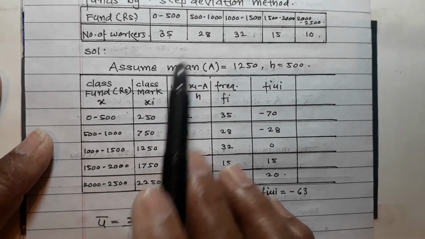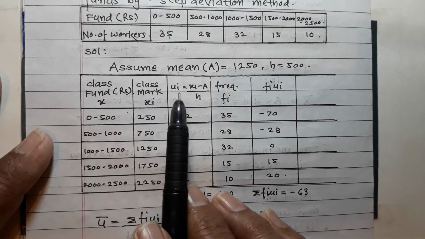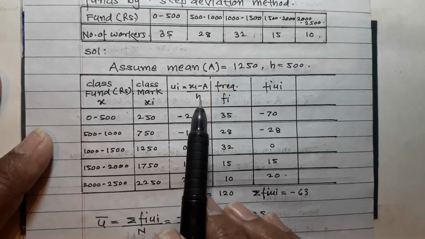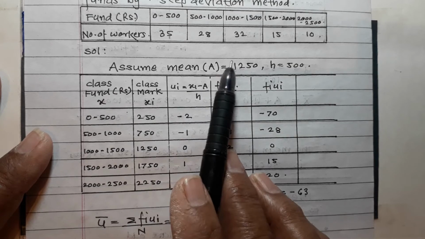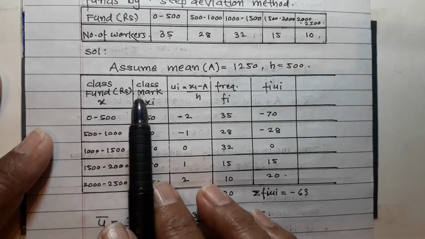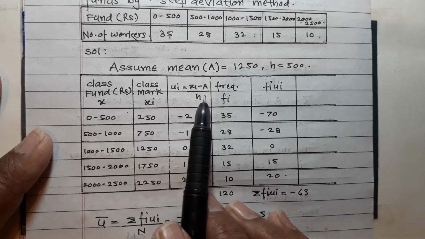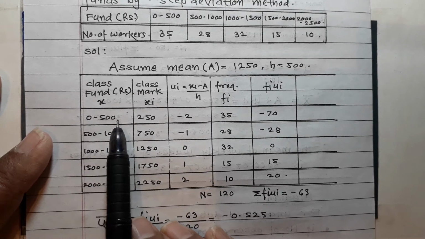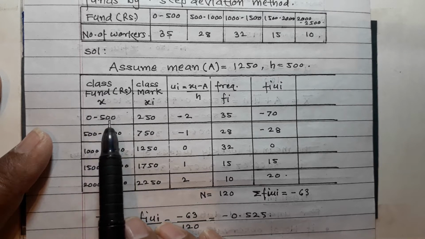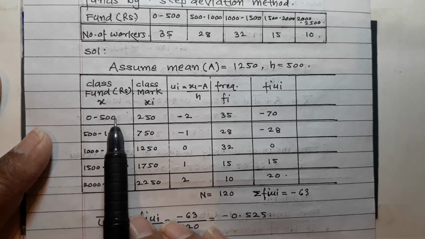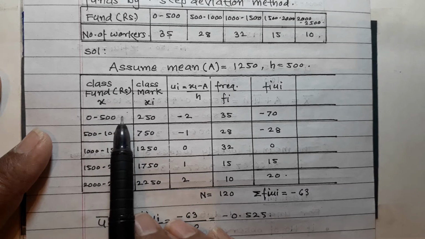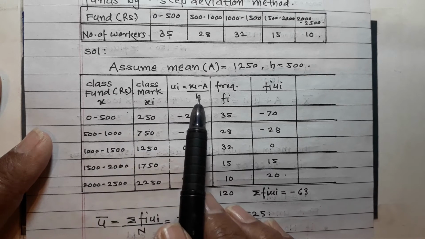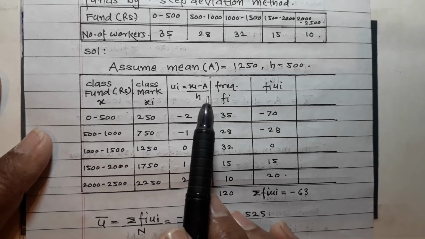Then step method, ui is there and ui is equal to xi minus a upon h, where a is the assumed mean, xi is the class mark, and h is equal to the difference between upper limit and lower limit. So here 500 is the upper limit, 0 is the lower limit, the difference between them is 500, and therefore h is equal to 500.